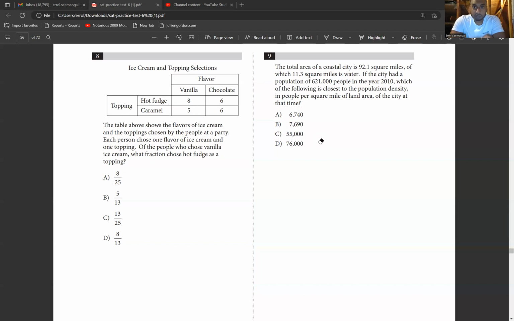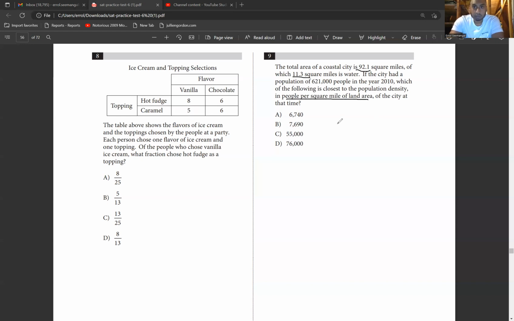If the city had a population of 621,000 people in the year 2010, which of the following is closest to the population density in people per square mile of land area of the city at that time? People per square mile of land area.